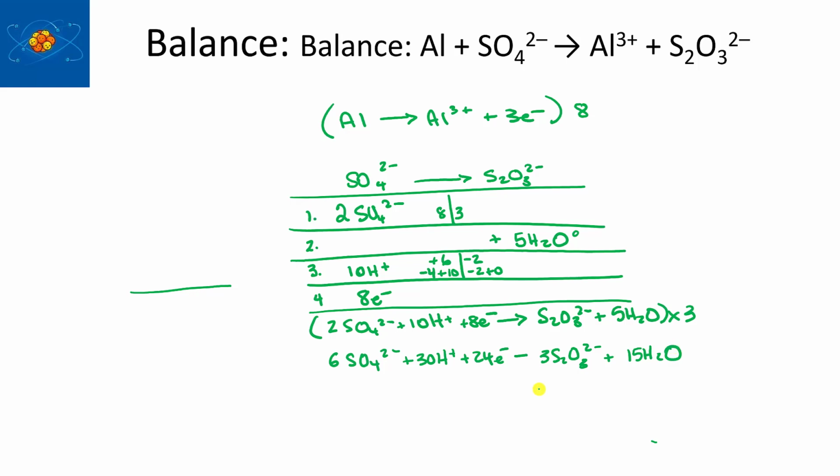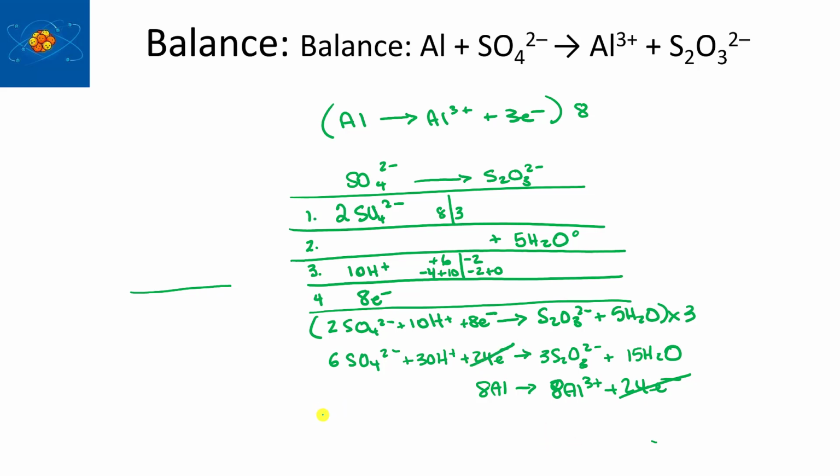And then the reaction I'm balancing it with, and I try to line up my arrows when I do this, is going to be 8 aluminums plus 24 electrons on this side. That's just getting this, plus 8 aluminums on the left, like that. So I'm going to cancel out the 24 electrons, and then I'm going to add these two together.